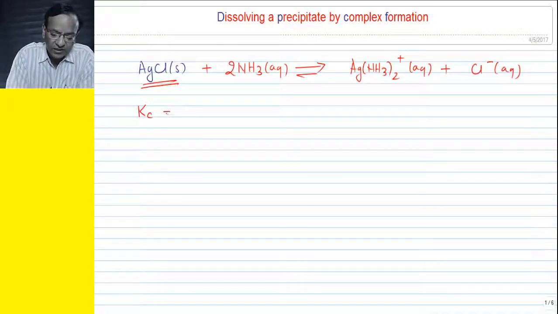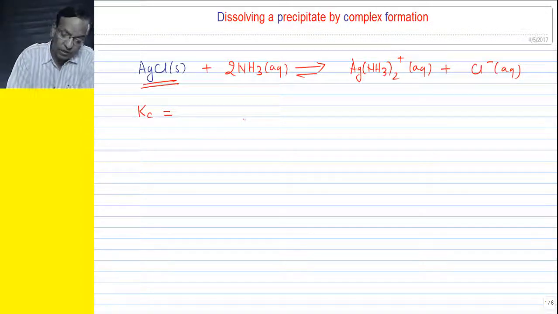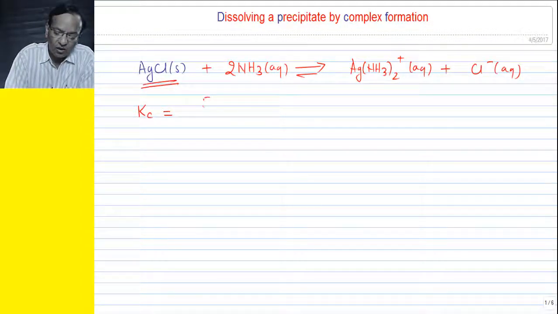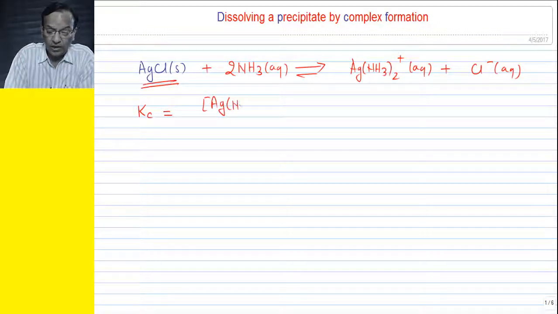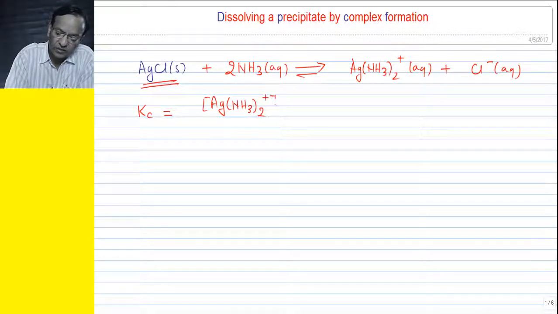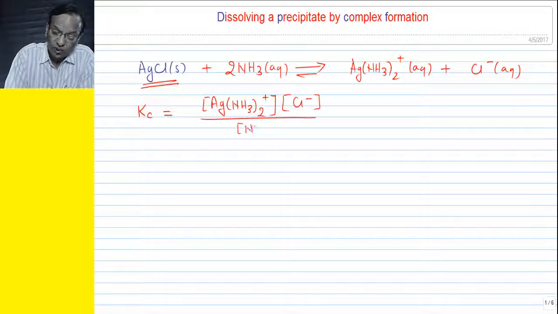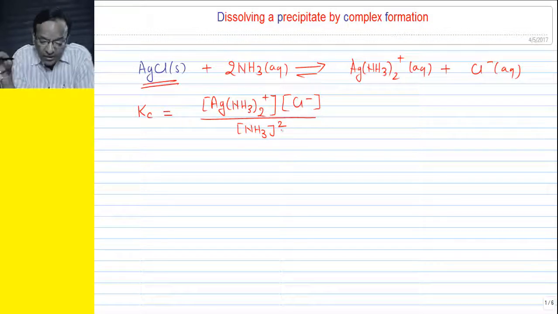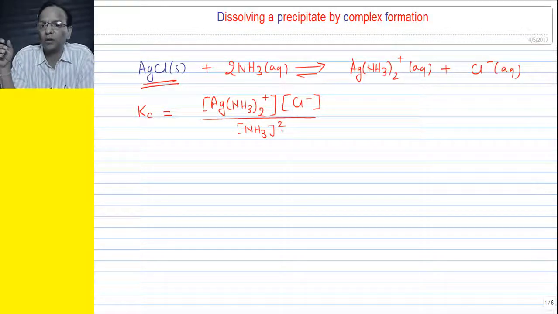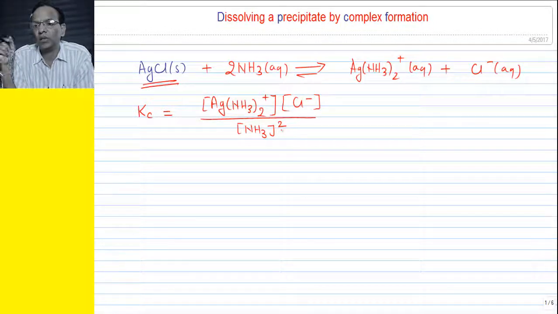So Kc for this reaction will be equal to concentration of the complex ion Ag(NH3)2 plus into concentration of chloride ion divided by concentration of ammonia power 2. So this is the expression for Kc which will have to be solved in order to determine the solubility of silver chloride in ammonia solution.